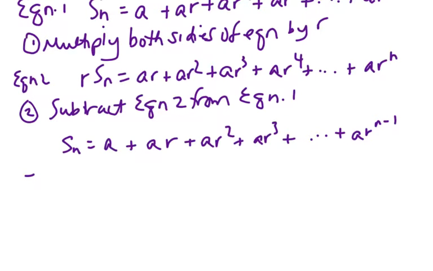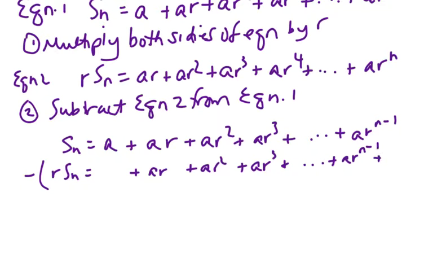So I'm going to subtract r Sn, and I'm going to line up the terms here so that you'll see what's going to happen. Okay? Don't forget to distribute the negative sign.